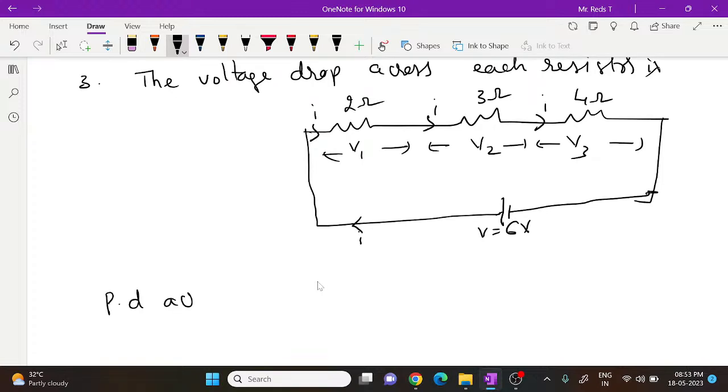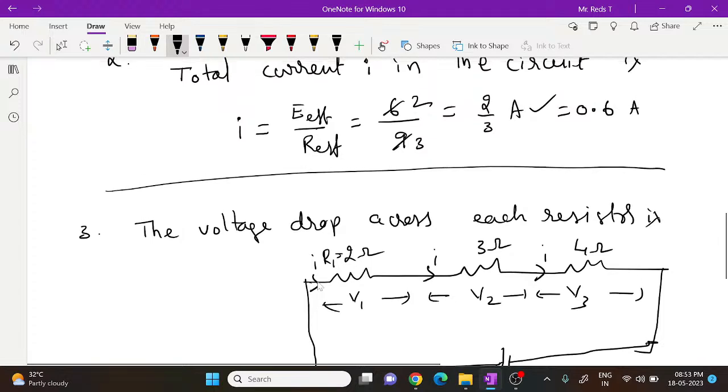Potential difference across the first resistor R1 is, from Ohm's law, V is equal to IR. The same current is flowing through each resistor, so I is the same. So I R1 is equal to, what is I?